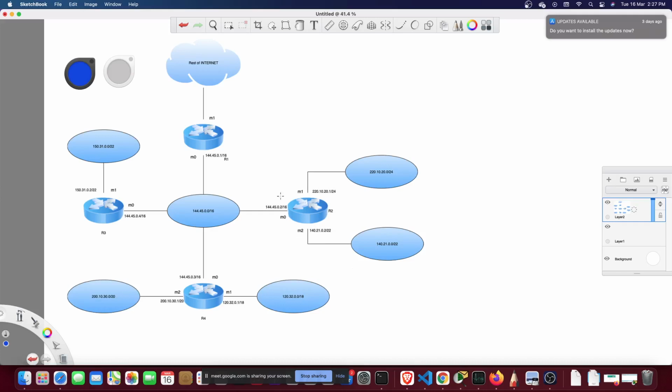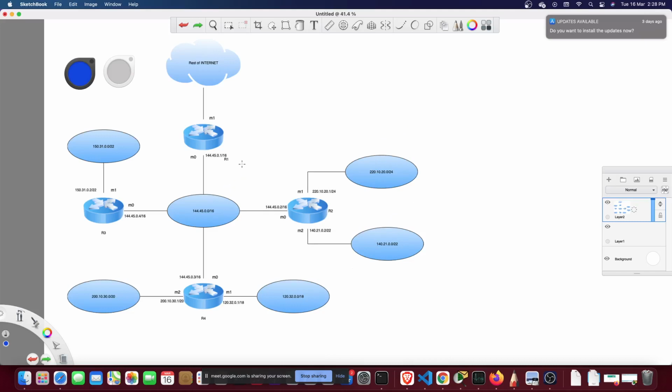If you take this one, router R2, how many networks is this router connecting? Three networks. 1, 2, 3.